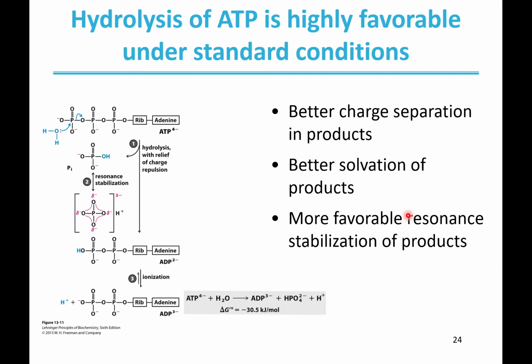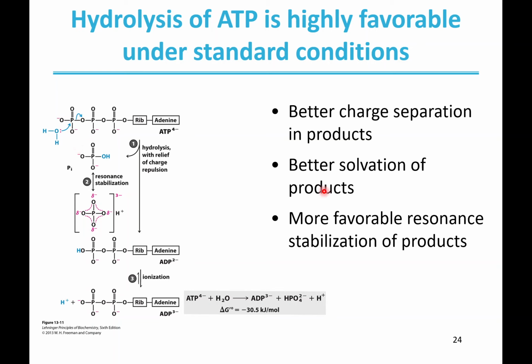Okay. The hydrolysis of ATP is highly favorable under standard conditions. And why is that? Well, there's better charge separation in the products. If you look at ATP, these phosphate groups have negative charges, so you have these negative charges very close to one another. Breaking off that gamma phosphate, you're going to take away some of those negative charges. So you're simply spreading the charges out, which is favorable.